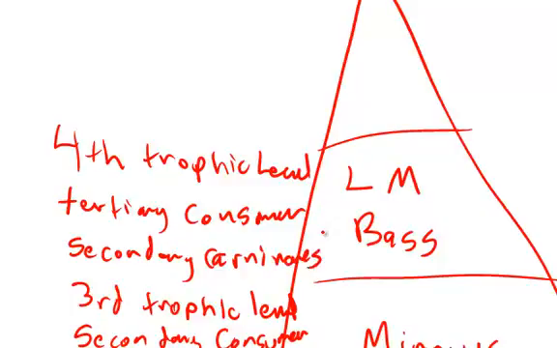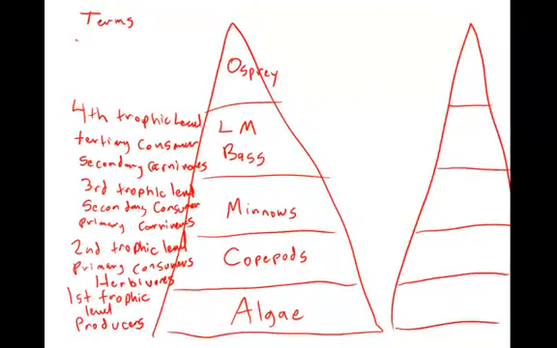And finally, at the top, we might have some apex predator, something like an osprey. If you know what an osprey is, it's a large hawk that eats fish. And so this would be the 5th trophic level. It would be a quaternary consumer, 4th layer consumer, 4th level consumer.